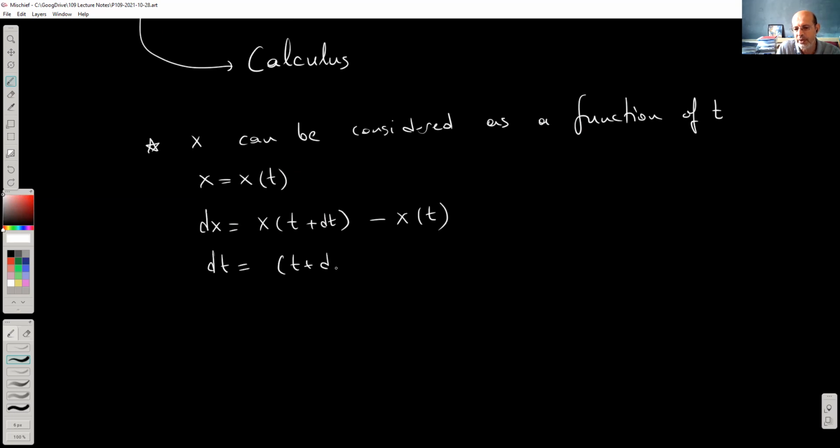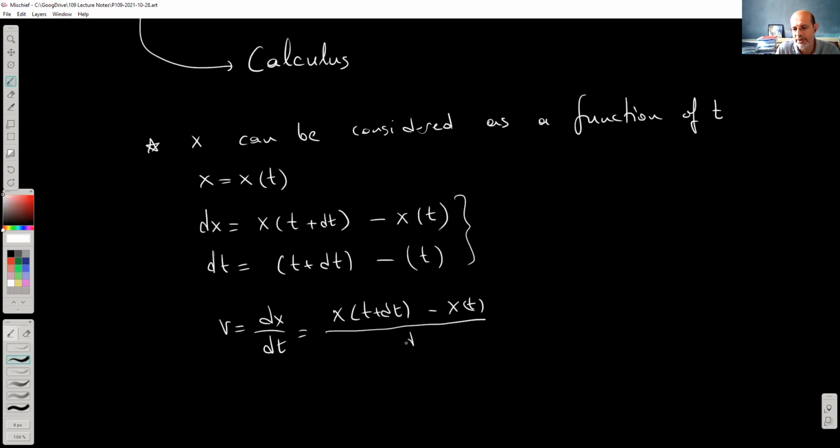So it's the difference between t plus dt and t, the difference between these two time values, if you want, right? You can also think of it like that. And so therefore, the derivative is basically this ratio, right? So if dt is very small, infinitesimal, then this is also supposed to be infinitesimal, and we get this.